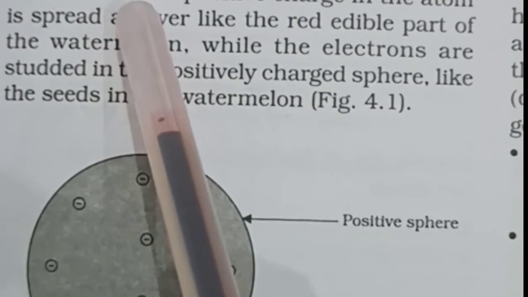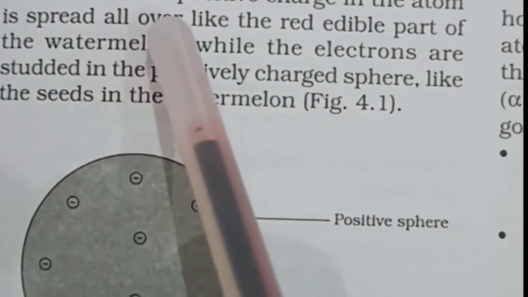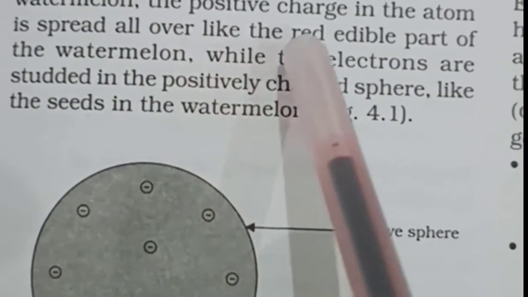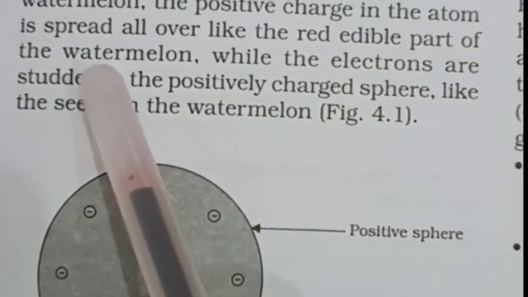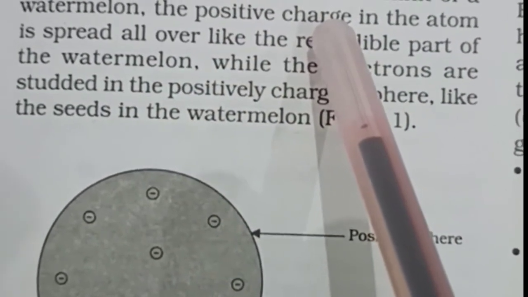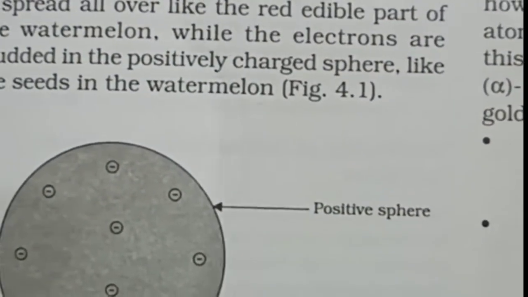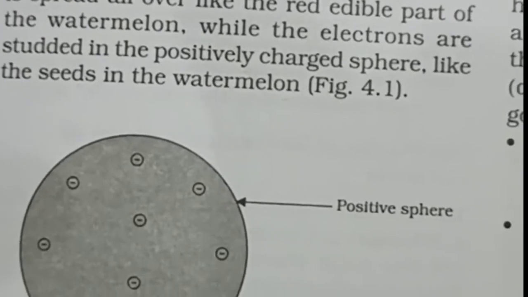He said that we can also think of this atom as a watermelon, where the positive charge in the atom is spread all over, like the red edible part of the watermelon, as you can see in the diagram on the screen.